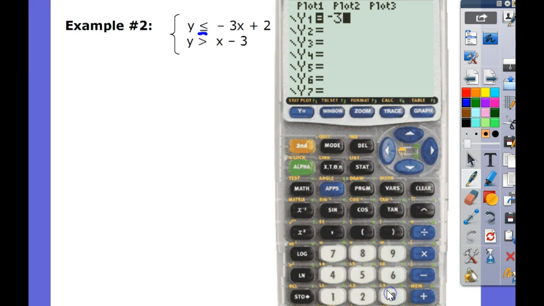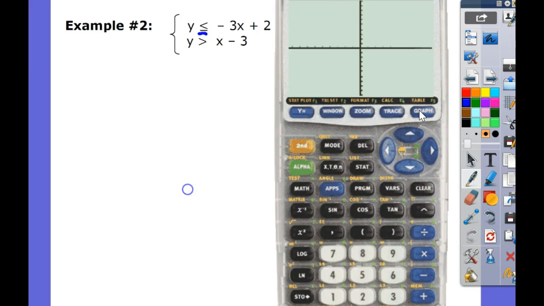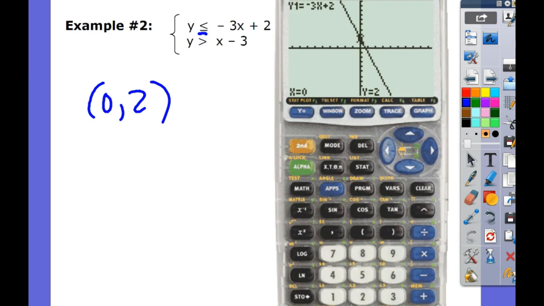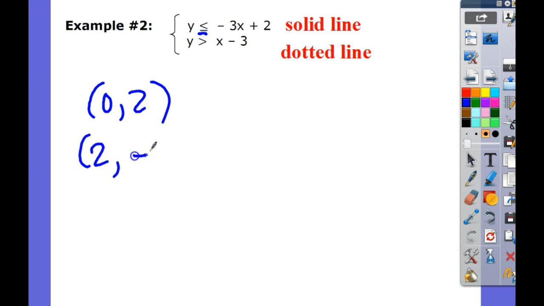Y equals negative 3x plus 2. And I'm going to graph it and trace and get some points on that line. The first line has a point at 0, 2. And trace it some more. Two and negative 4.